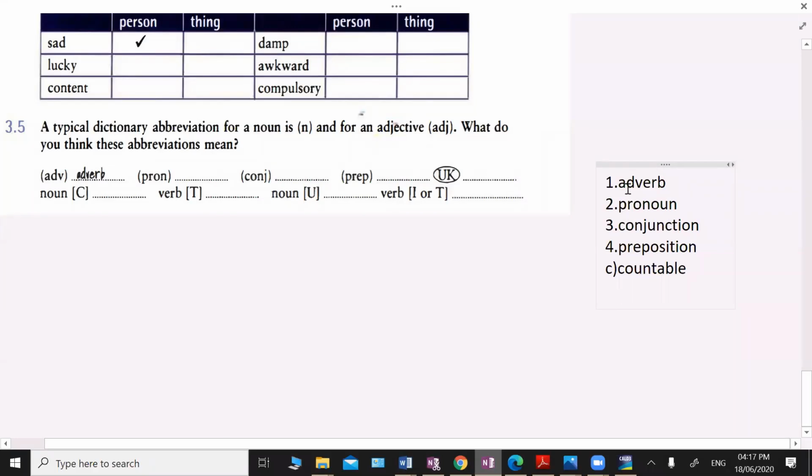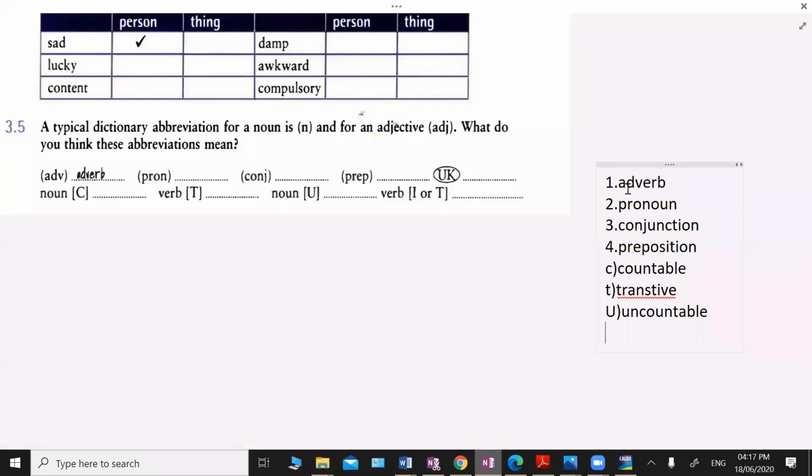And then we have verb T, transitive. T means transitive. Okay. And the next one is noun U. When you have this capital U, it means uncountable. Okay.